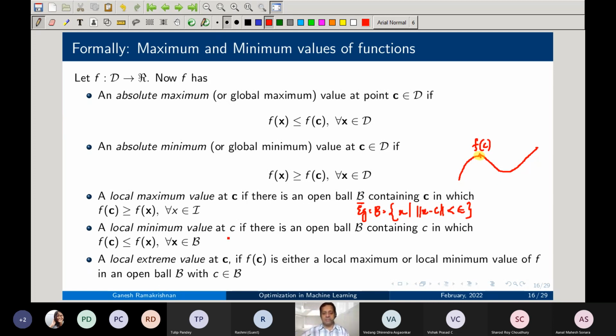A local minimum is in terms of again an open ball, but the inequality is flipped. You can dip down somewhere else, but this is my f(c), local minimum. You could also have an extreme value, which is either a local maximum or local minimum.